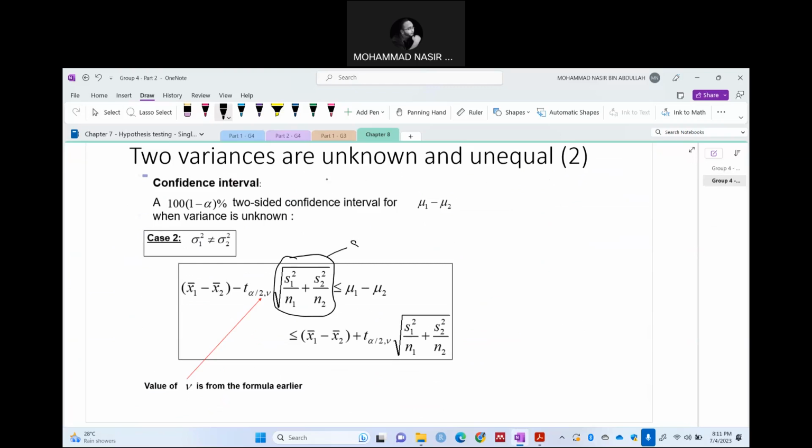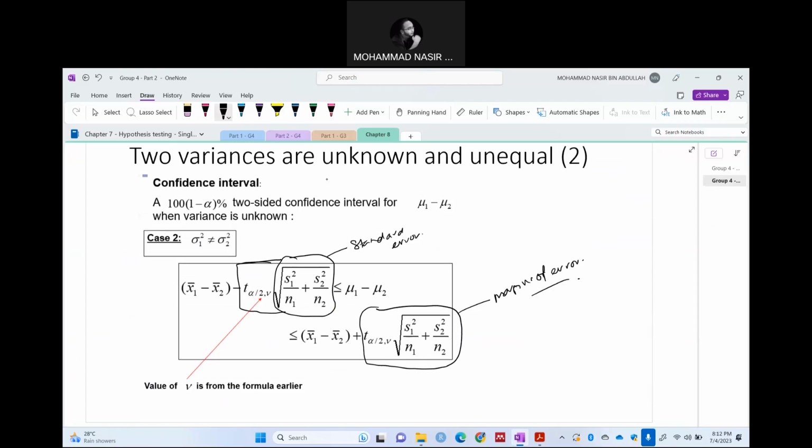This is a standard error, right? So if you multiply with the critical value, it becomes margin of error, right? So if you multiply with this one upon critical value, so it become margin of error. This whole thing is margin of error, right?